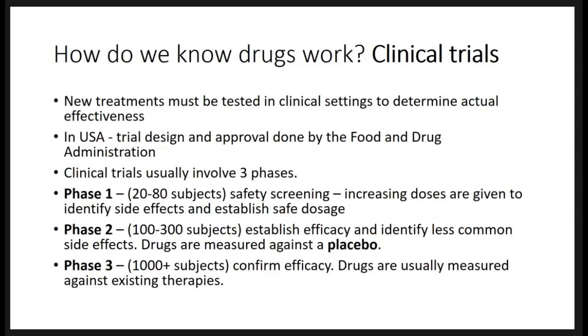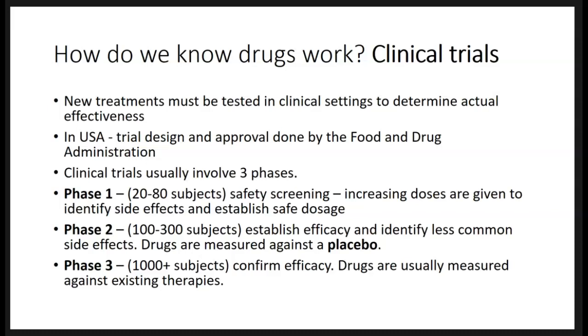In phase 2, a larger number of subjects are given the drug or a placebo. And so some of the individuals in the trial receive the actual medication, and some of the individuals in the trial instead receive a fake medication, a placebo.